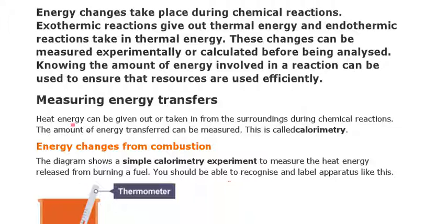We consider the energy in the form of heat. It can be given out, as in an exothermic reaction, or taken in, as in an endothermic reaction. Any reaction that occurs is considered as one system, and the outermost space of the system is considered its surrounding. So there is always an exchange of energy between the system and the surrounding.